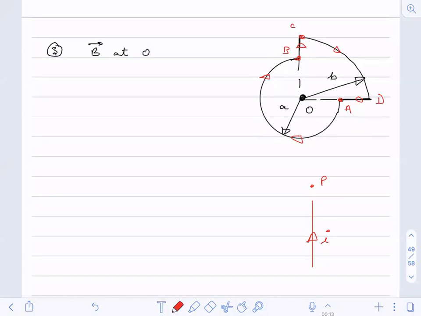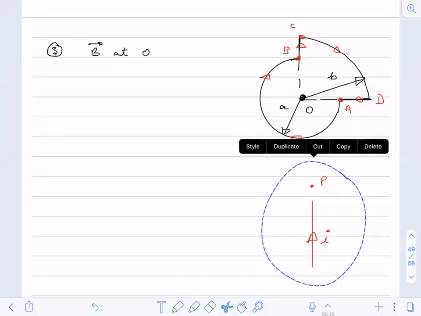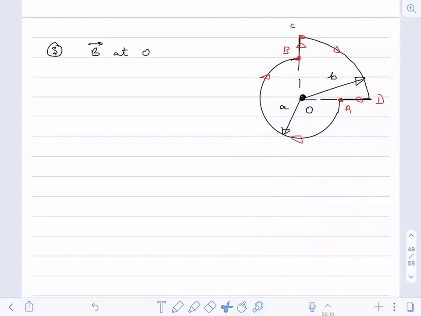will the magnetic field at point O be zero? Yes. Due to BC and AD, the magnetic field at point O will be zero.